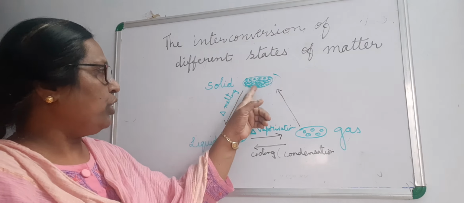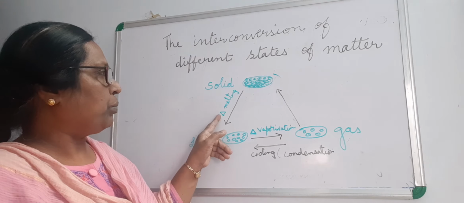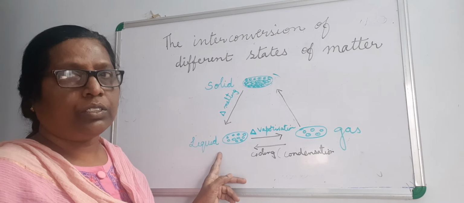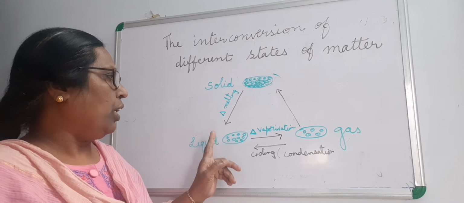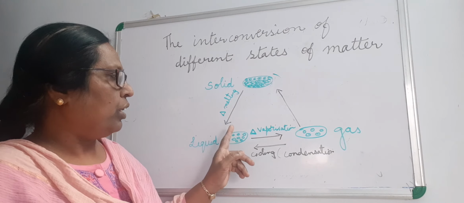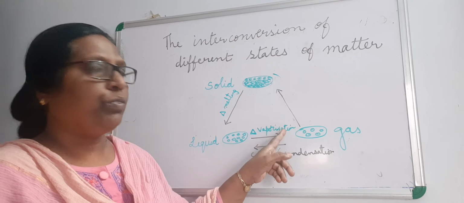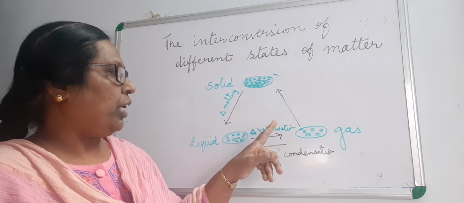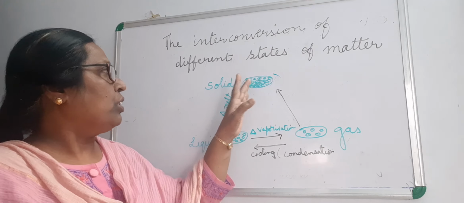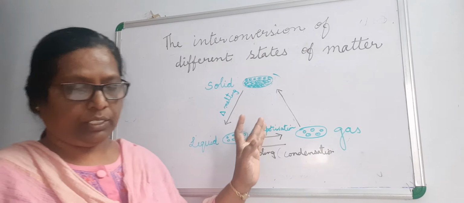The molecules of a solid, when heated, move and it melts and is converted into liquid. And the molecules of a liquid, when heated, move, get more space and form another state, that is vaporization. So by heating, solid melts, liquid vaporizes.